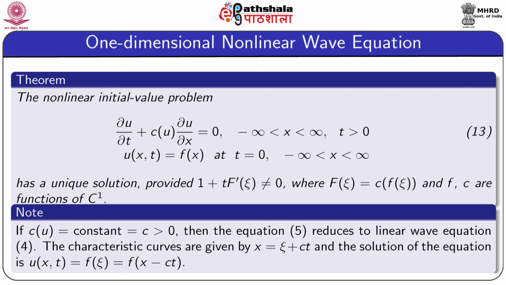The nonlinear initial value problem del u del t plus c(u) del u del x equals 0, where u(x, 0) equals f(x) at time t equals 0, has a unique solution provided 1 plus t F dash xi is not equal to 0, where capital F(xi) equals c of small f(xi), and the functions f and c are continuous and they belong to the class C1.